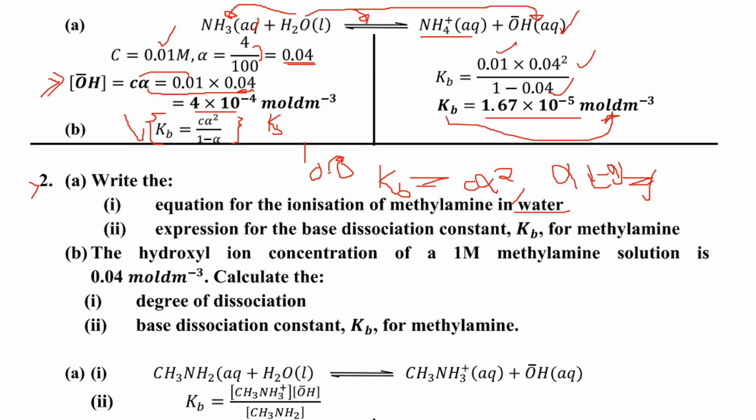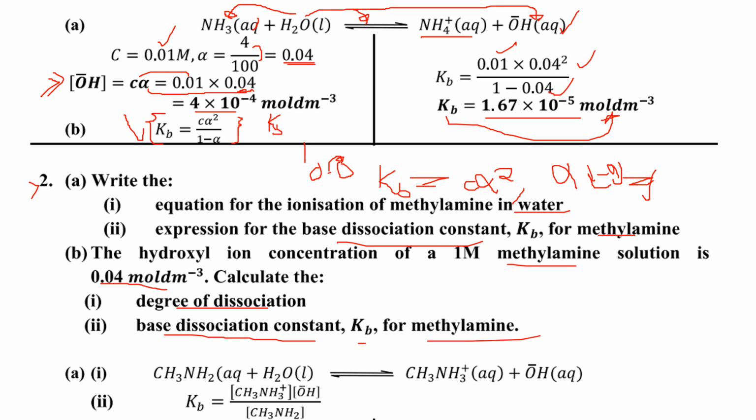And then Roman number 2, we shall find the expression for the base dissociation constant, Kb, for methylamine. Then part B, the hydroxide ion concentration of 1 molar methylamine solution is going to be 0.4 mole per decimeter cubed. Then you are going to calculate the degree of dissociation, and then the base dissociation constant, Kb, for methylamine.